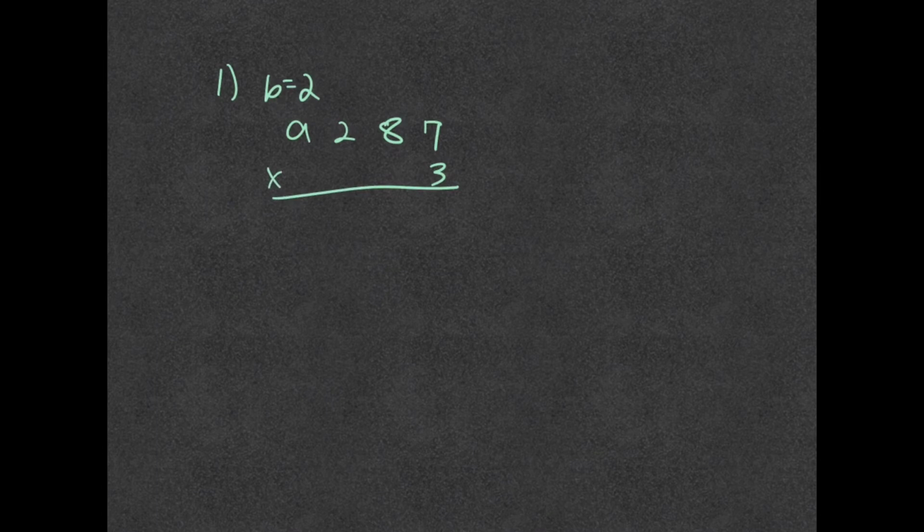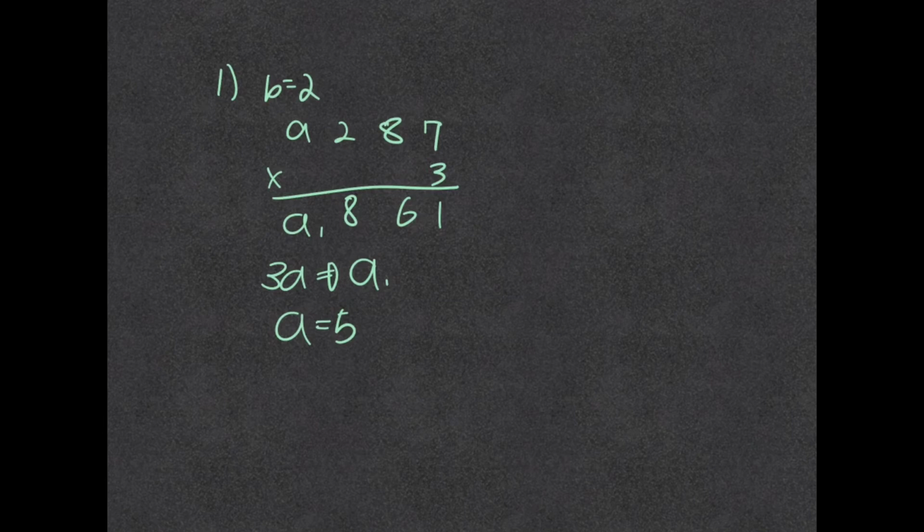And let's get 3 in here, and that would be A1. So that means 3A's last digit is equal to A1. Pause the video. Now, have you got the answer? Basically, A will become 5. So we got this group of digits that might work. So A and B and C might be 5, 2, and 7.